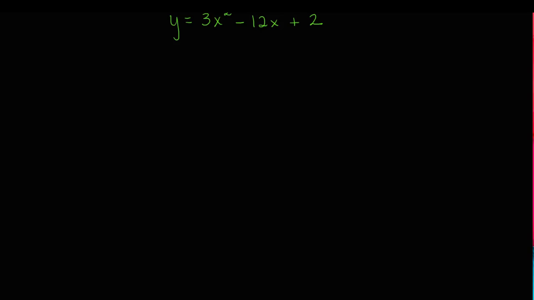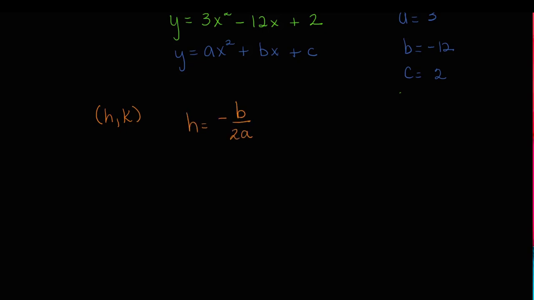So if you remember, general form is y equals ax squared plus bx plus c. So I can go over here to the right and label what my a, b, and c are. In this case, my a is 3, my b is negative 12, and my c is 2. If I want to find my vertex, which is h, k, remember that h is equal to negative b over 2a.